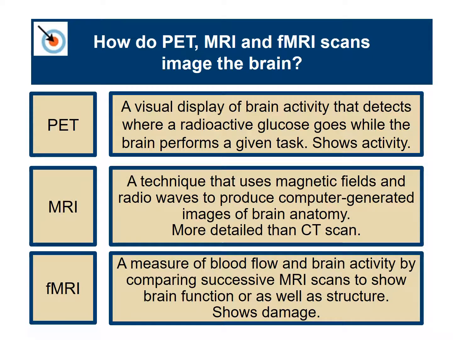It shows activity. An MRI is a technique that uses magnetic fields and radio waves, so magnetic radio, to produce computer-generated images of the brain, and it's way more detailed than a CT scan. And an fMRI is a measure of blood flow and brain activity by comparing successive MRI scans to show brain function as well as structure, and it can show damage.